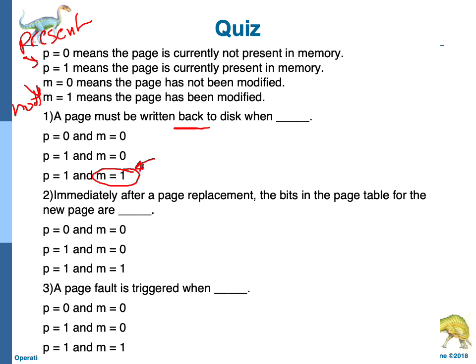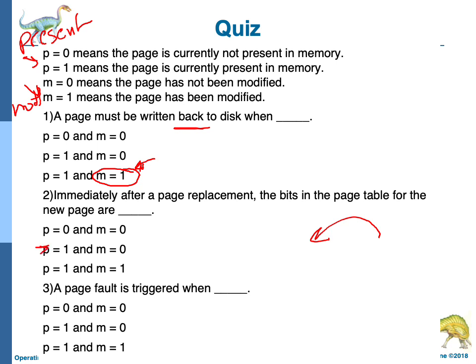Question number 2. Immediately after a page replacement, the bits in the page table of the new page are, so the new page, which means the newly loaded one, will be which one of these? So since we've just loaded it into memory, then we do have to set its present bit to 1.